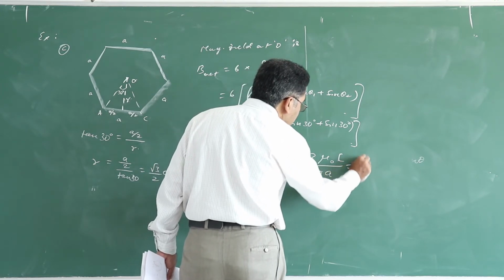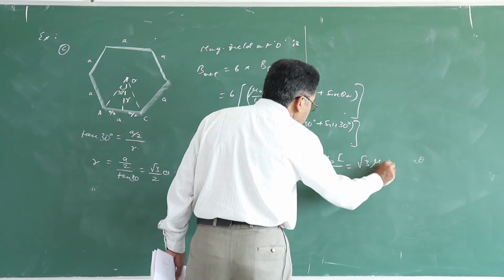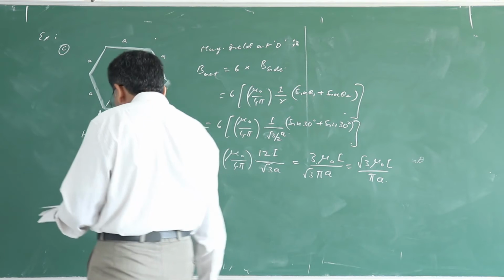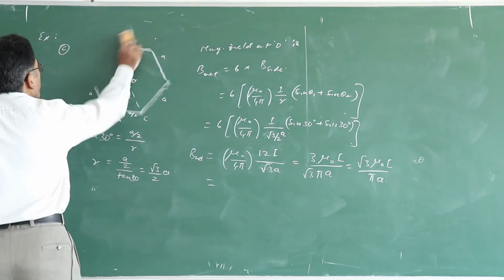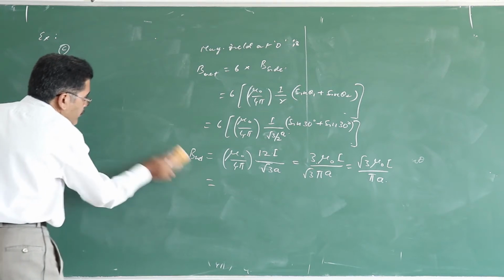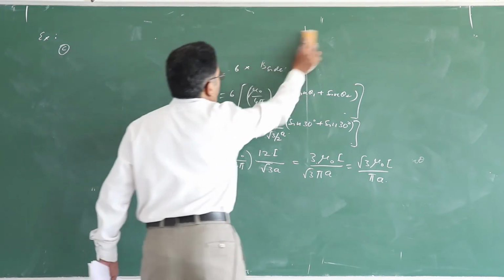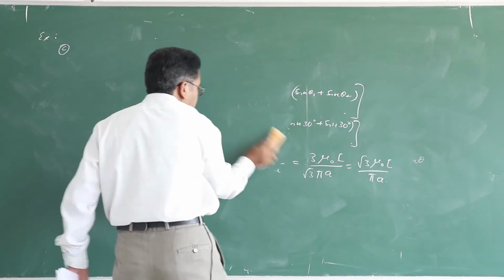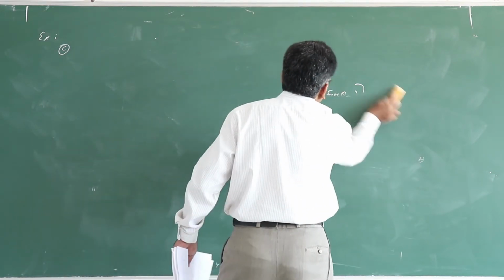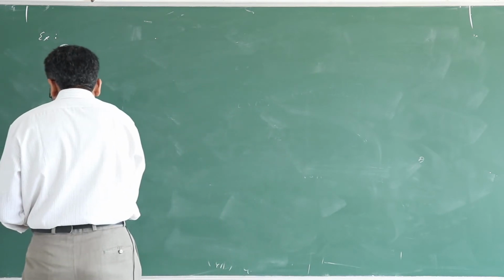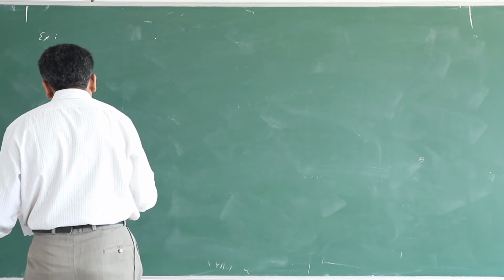This can be written as root 3 into mu naught I by pi a. See, that way we can simplify that. So we shall take 2 more problems related to the same concept.